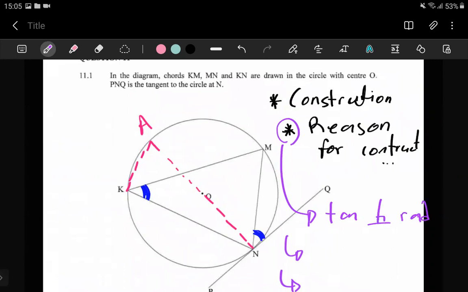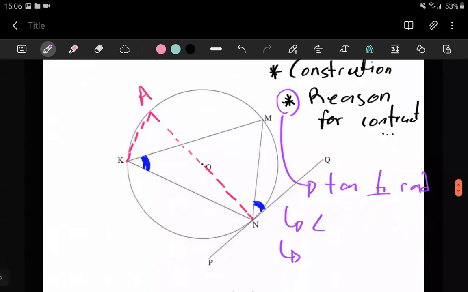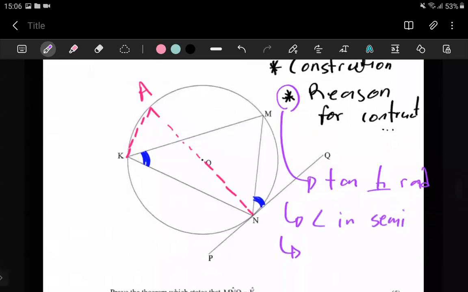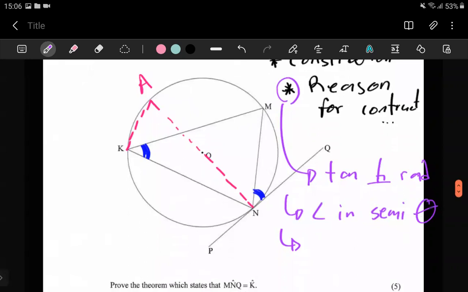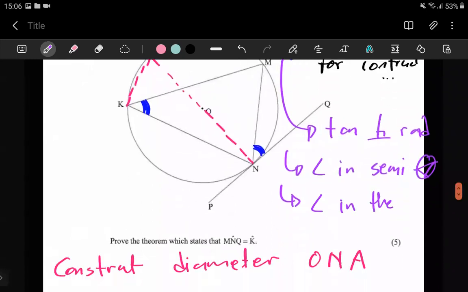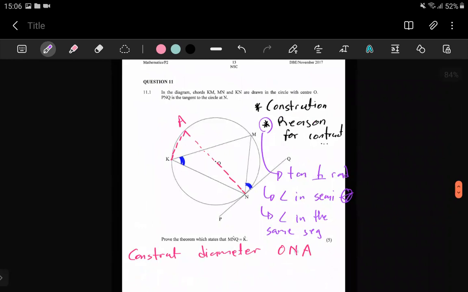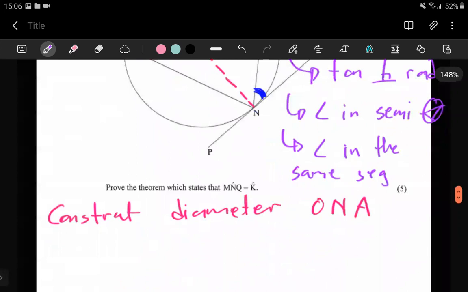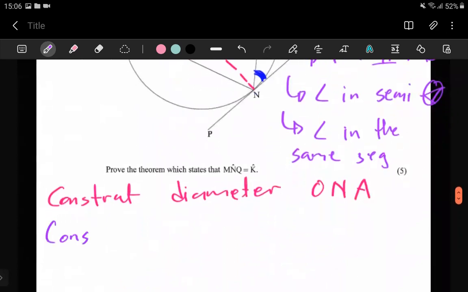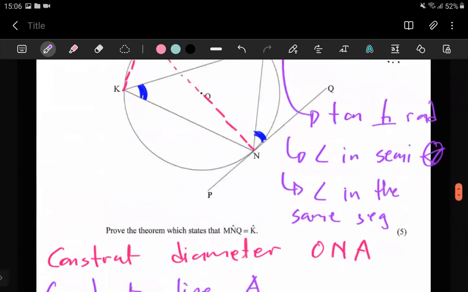The next theorem you're going to use is angle in semicircle. And then the other law you're going to use is angles in the same segment. Now that's the reason for your construction. You are going to use these three laws. You firstly construct the diameter, and then you're also going to construct line AK.